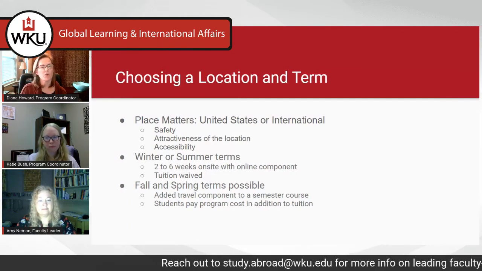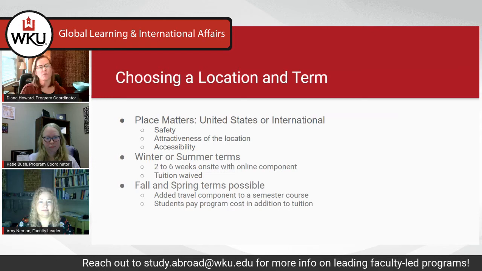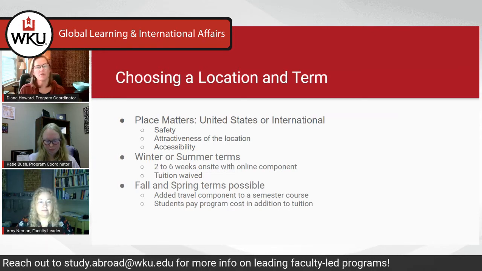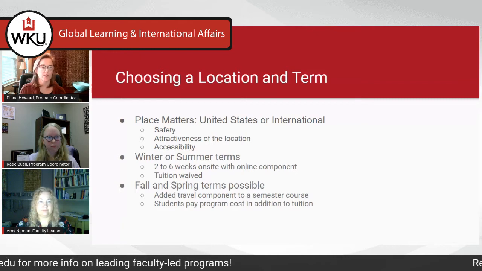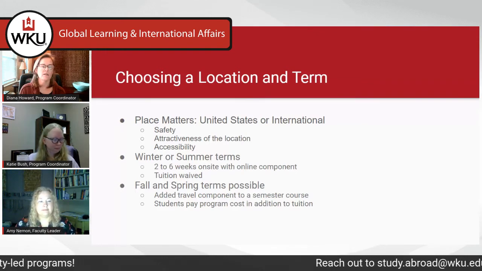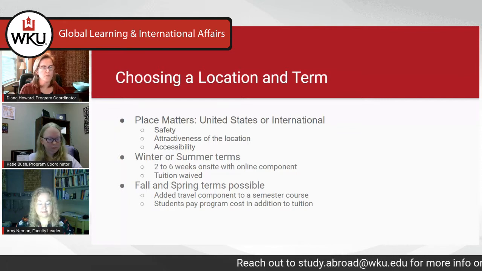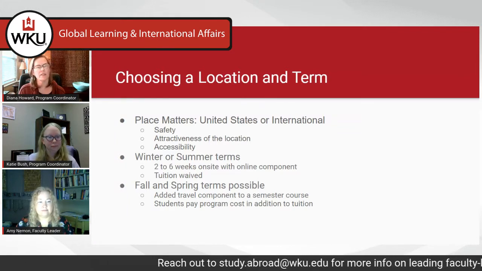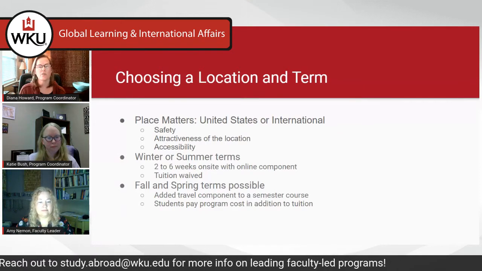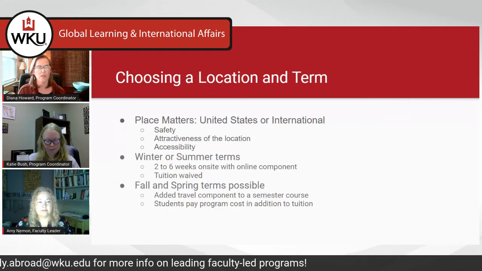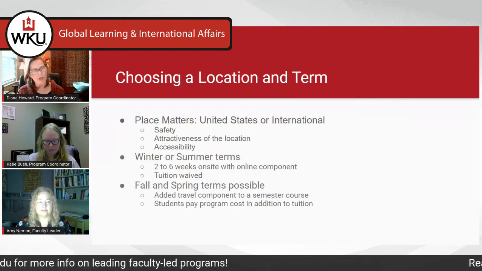The length of the program is determined by a variety of factors, but the typical faculty-led program is anywhere from 2 to 6 weeks. It is possible to run an FLP during the fall or spring semester as an added component to an existing course. And in this case, the students would pay tuition plus the cost of the program.